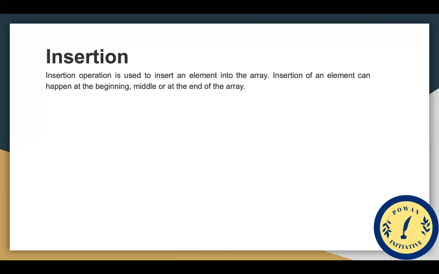Let's enter the 5 elements: 1, 2, 3, 4, and 5. Now it's asking for the element that we want to insert. So let's insert 100 here. So see, this is the new array: 1, 2, 3, 4, 5, and 100.